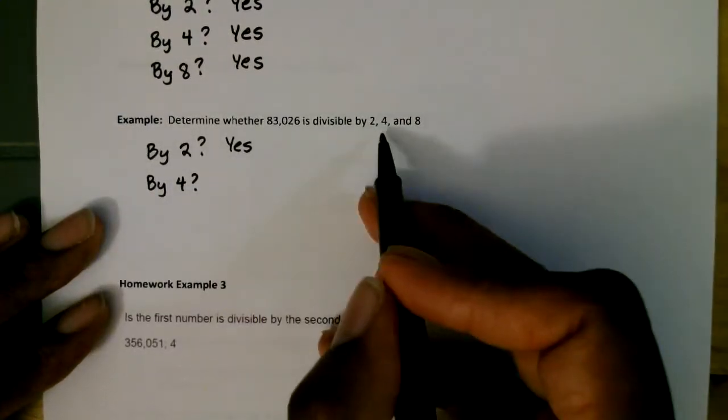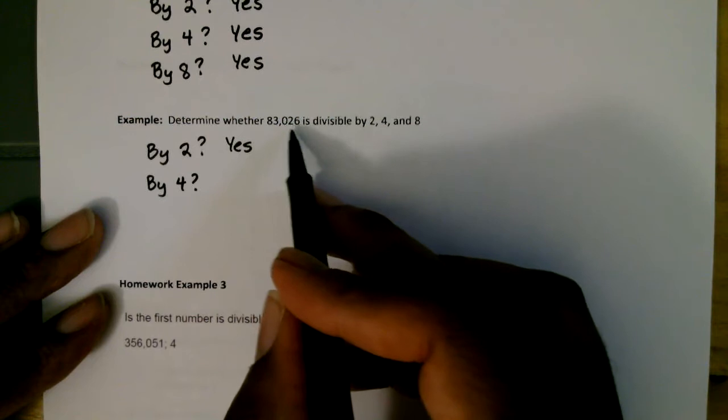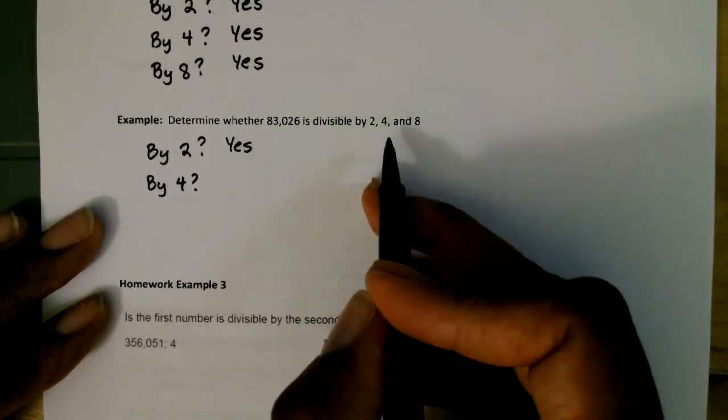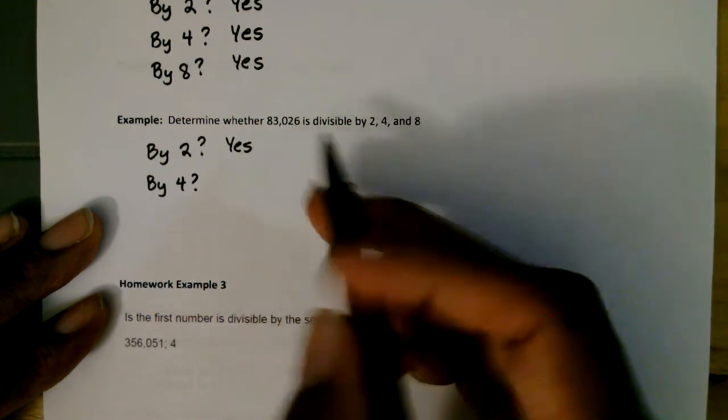What about by 4? Well, the last 2 digits is 26. And 26 is not divisible by 4. So that means 83,026 will not be divisible by 4. What about by 8?